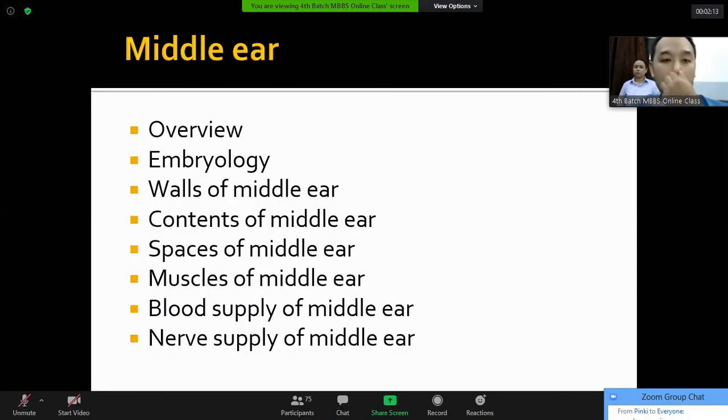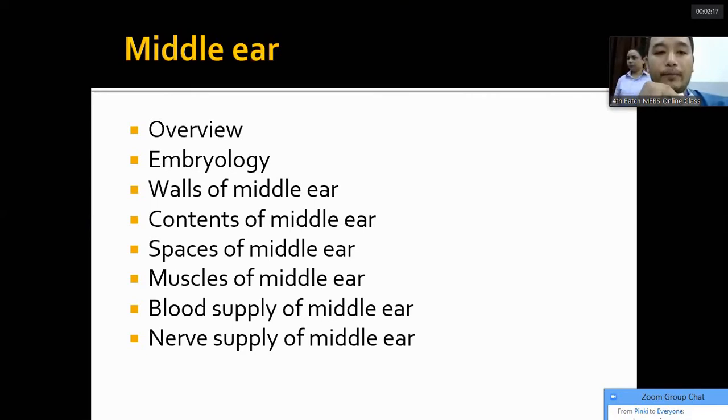In today's class, we'll learn about the embryology of the middle ear, walls of the middle ear, contents, spaces, muscles, blood supply, nerve supply, and some miscellaneous things about the middle ear.